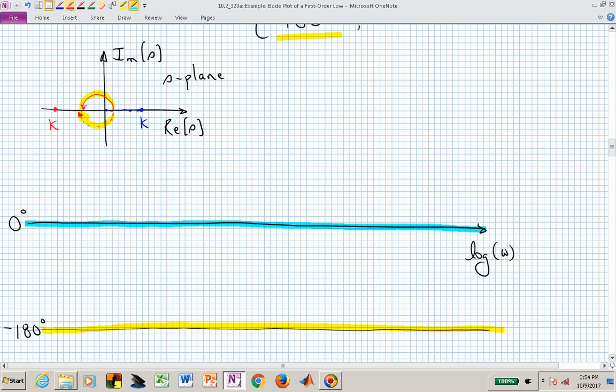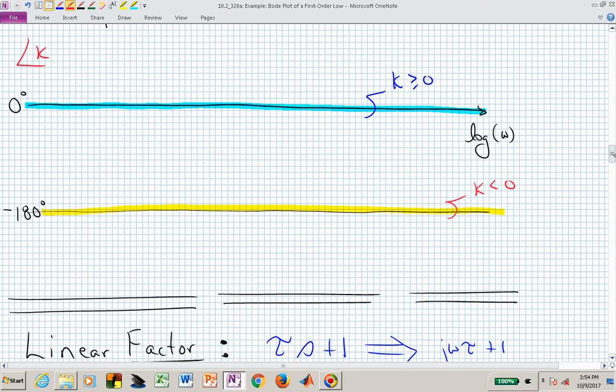And so this is now going to be when k is greater than or equal to 0, and this particular sketch of our phase, this is now the angle of k, is when k is less than 0. That's now all there is to sketching the Bode plot associated with a constant.